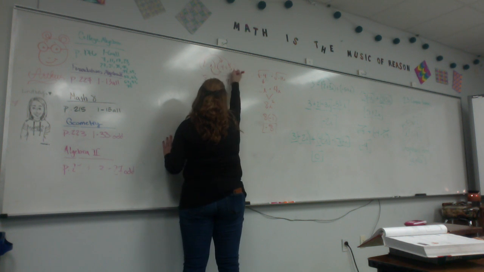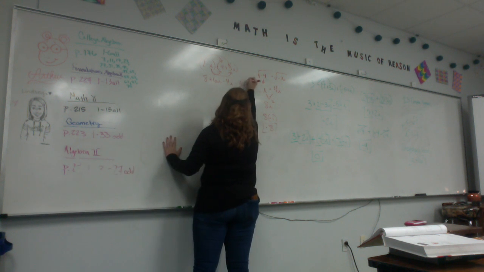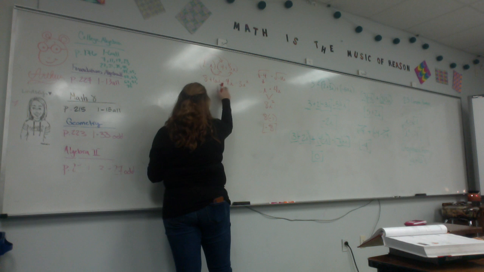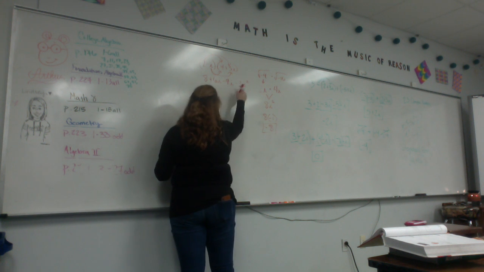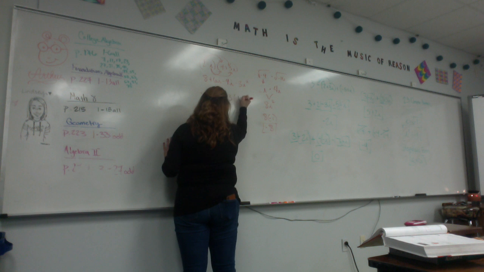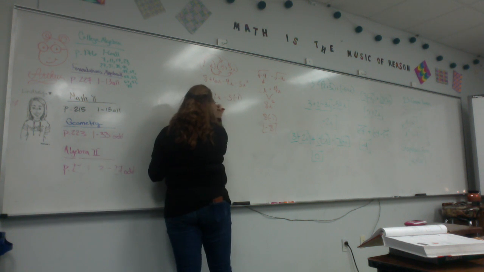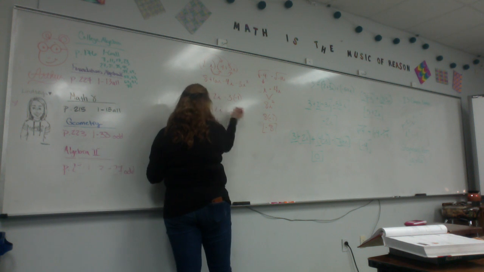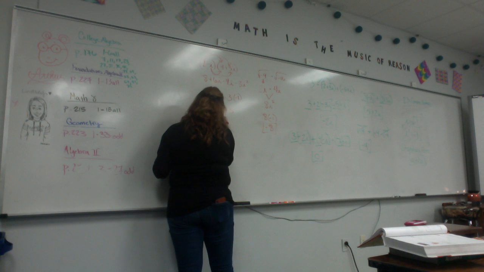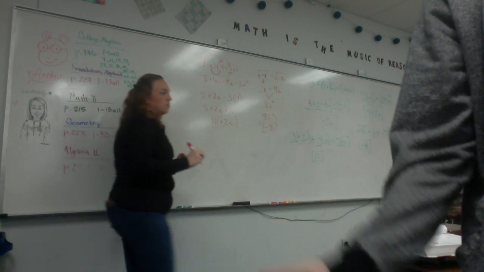And negative I times 3I, negative 3i squared. Beautiful. Now I'm going to combine like terms, so I have 8 plus 2I minus 3 times negative 1. I replace that I squared with negative 1. So I have 8 plus 2I plus 3. What's 8 plus 3? 11. 11 plus 2I, and that's written in standard form.